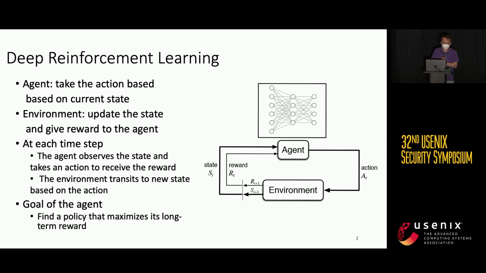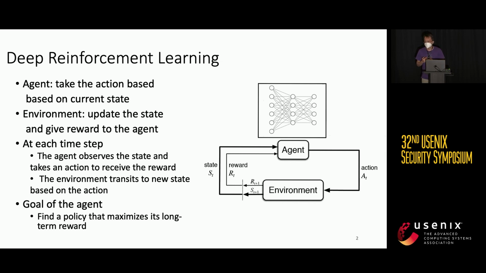For example, let's say we are playing a ping pong game. The table is the environment, and the players are the agents. In this environment, the agent at each time takes some action based on the current state. For ping pong, I need to take action based on where the ball is. After the agent takes action, the environment observes that action and translates it to the next state.